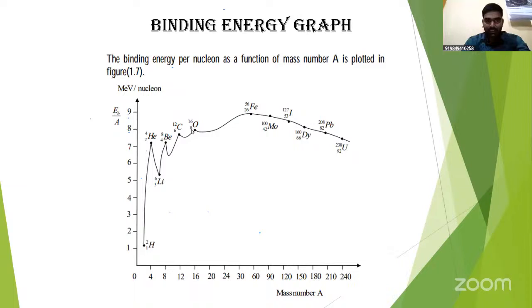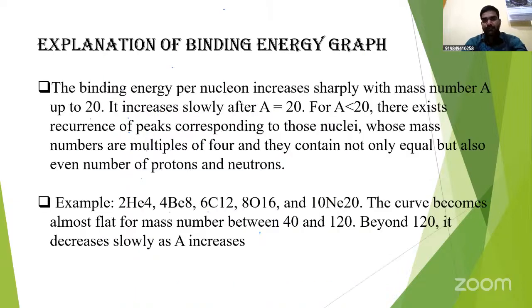You just see here, 8 is a multiple of 4, 16 is a multiple of 4, isn't it? And here 12 is a multiple of 4, 8 is a multiple of 4, 4 is a multiple of 4. So this gives the recurrence in their peaks, whose mass numbers are multiples of 4.